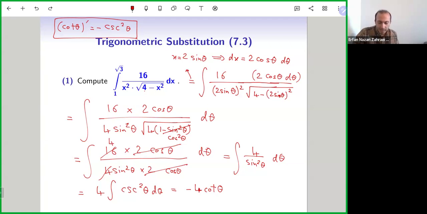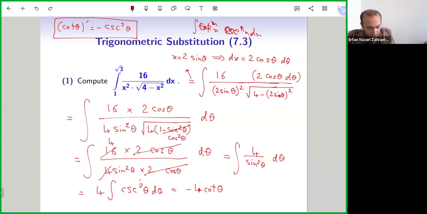But before doing that, let me mention a comment. In the previous lecture, we discussed generally how we integrate tangent to some exponent, secant to some exponent. The same strategy applies if you have cotangent to some exponent and cosecant to some exponent. This was very simple. It was just the derivative of this.